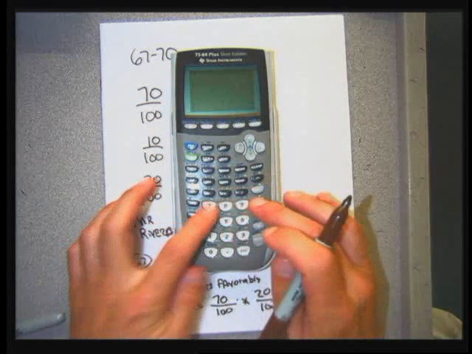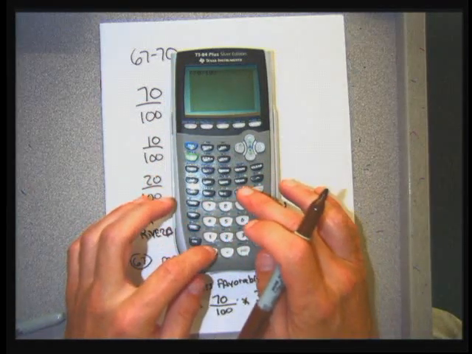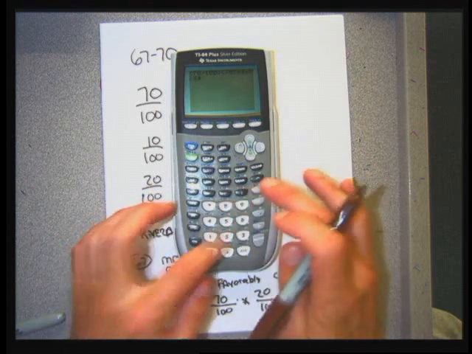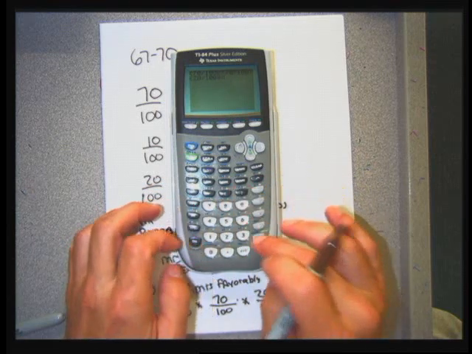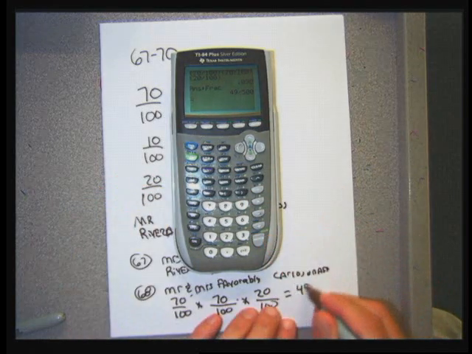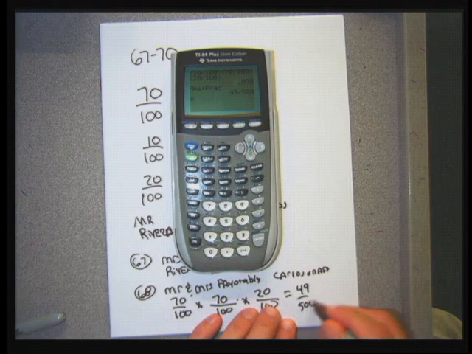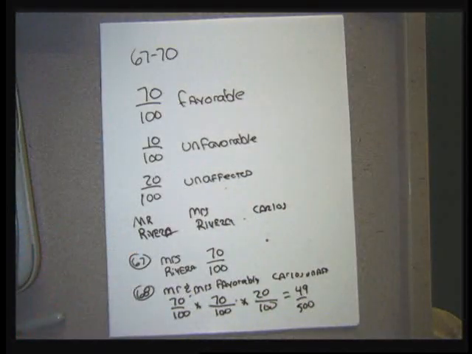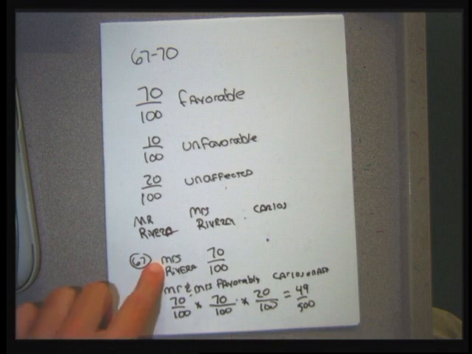So let me try to do this on my calculator. My calculator tells me the chance of these three events happening is 49 in 500. The difference between 67 and 68: in 67, I'm only asked about one person, so I don't need to multiply probabilities.